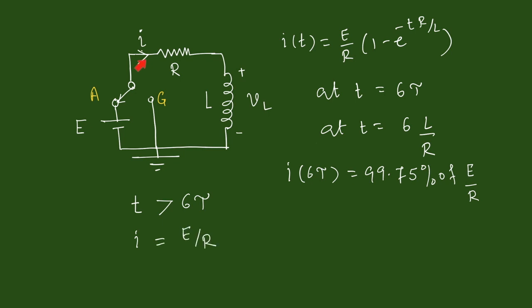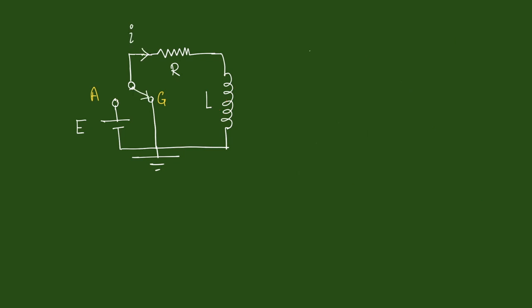Once this current has taken a steady value E upon R, we can now shift this switch back to G. This will remove the voltage source from the circuit, and resistor R will come parallel to the inductor L. The time when we shift this key back to G is now considered as time t equal to 0, from when the current will start changing again.